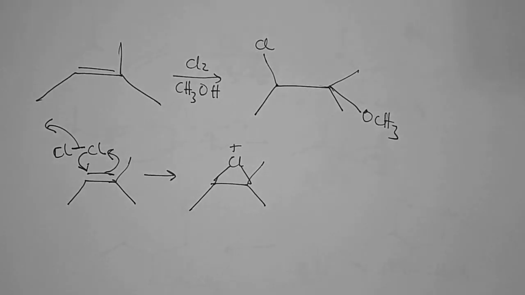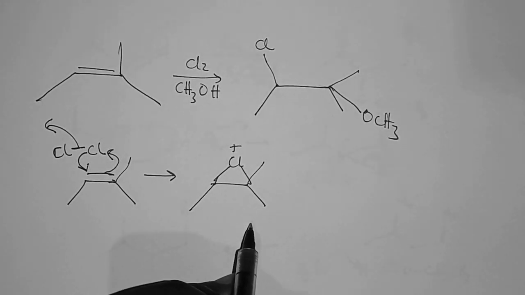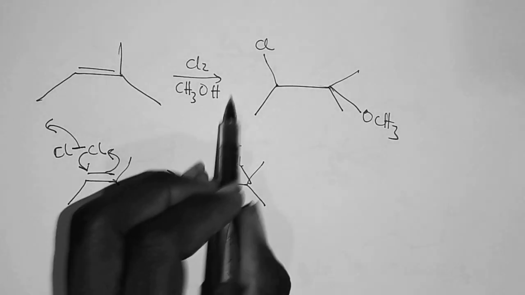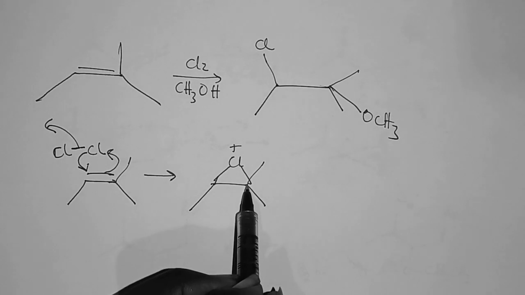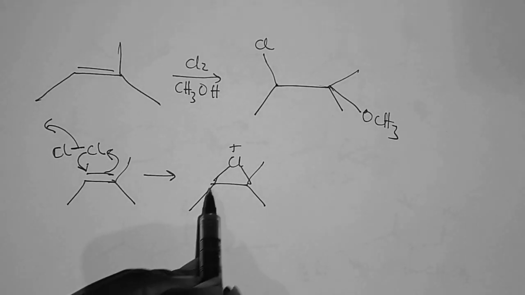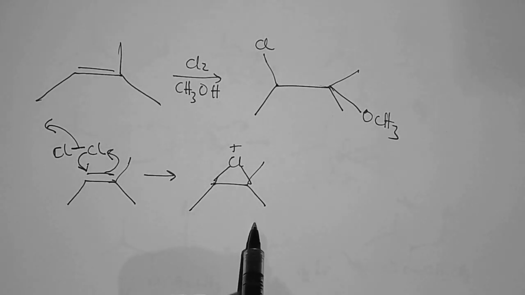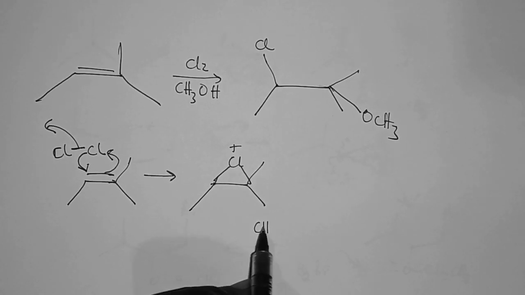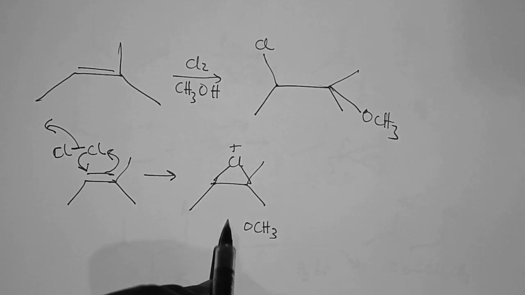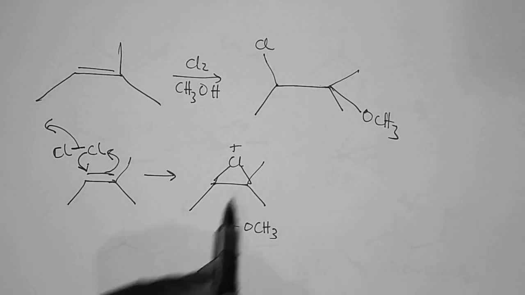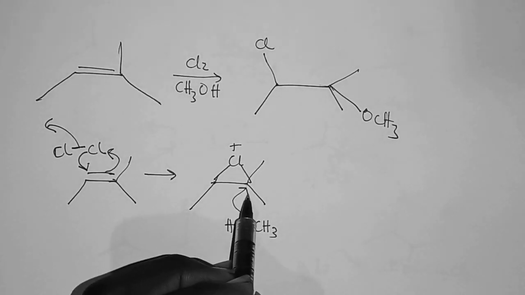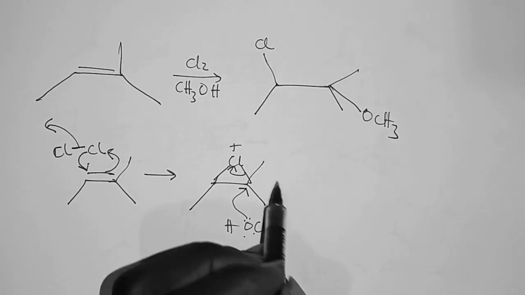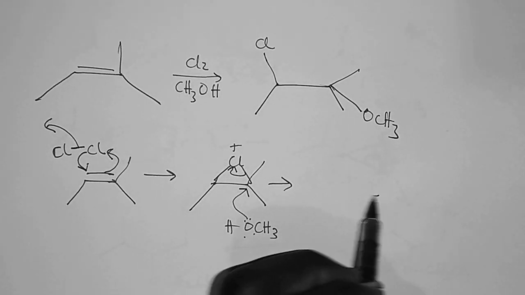With a plus. Then in the next step, this methanol is nucleophilic. But remember that this is a tertiary carbon and this is a secondary carbon. So the methanol will attack this carbon on the opposite side with one of its lone pairs, causing this ring to open.